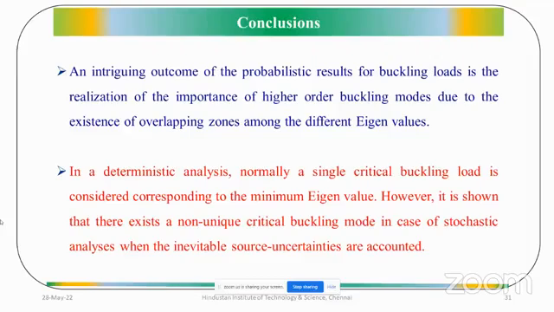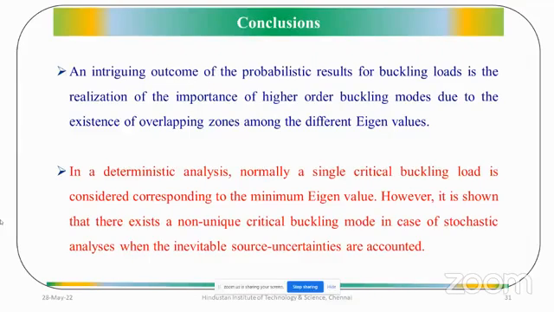If we consider only the first eigenvalue as the critical one, then there is a chance of failure in the second or third buckling mode, because it may be possible that the second eigenvalue is more critical than the first. So it is important to consider the higher order buckling modes.